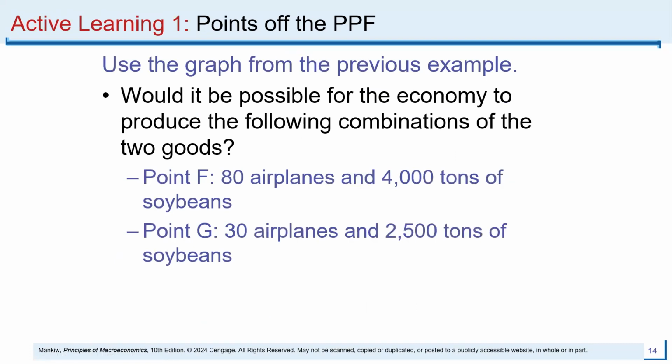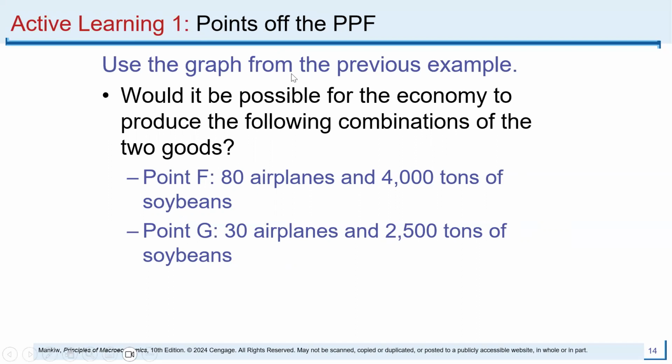All right, so this is a PPF. The PPF is a very handy tool to illustrate your combinations of production. It can also show you your capacity of production. Let's look at one example.